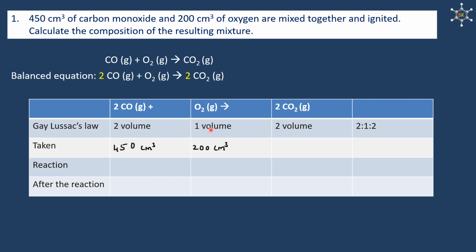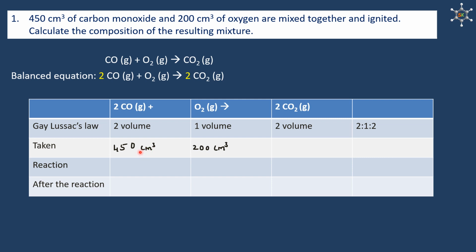In other words, 1 volume of oxygen demands 2 volumes of carbon monoxide. For 450 cm cube of carbon monoxide, we need 225 cm cube of oxygen, but we have only 200 cm cube of oxygen. Or for 200 cm cube of oxygen, we only need 400 cm cube of carbon monoxide, but we have 450 cm cube of carbon monoxide.